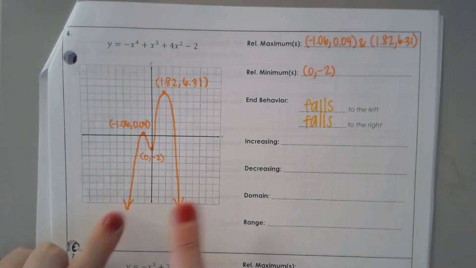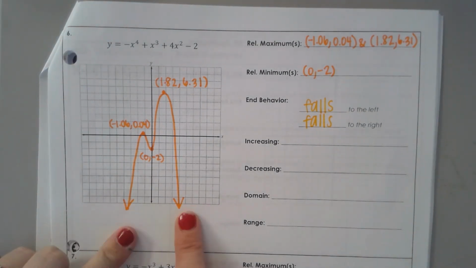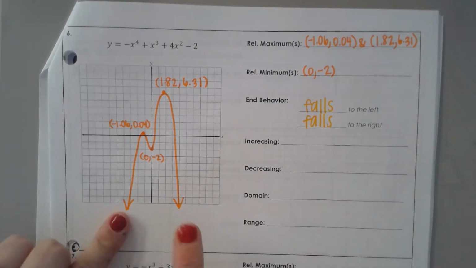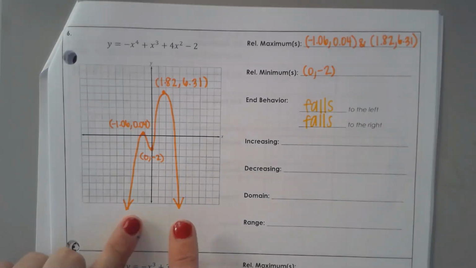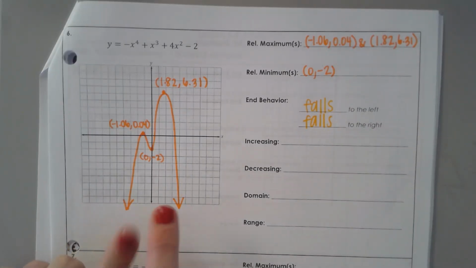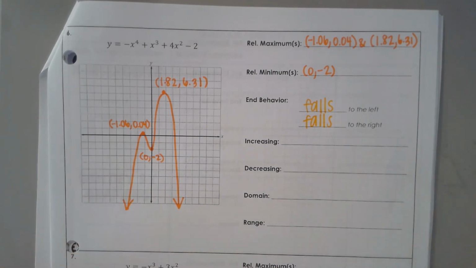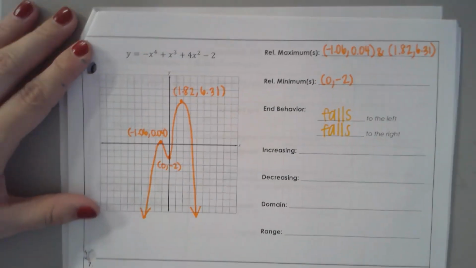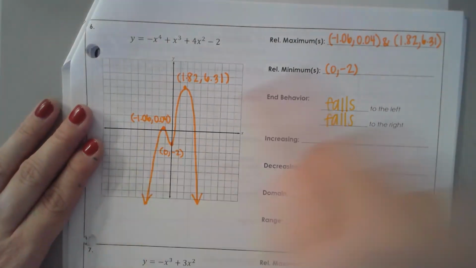So don't get confused with falls and rises and increasing and decreasing. They don't always correspond with each other. The end behavior is specifically talking about the direction the arrows are pointing. When you're doing increasing and decreasing, that's thinking about tracing it with your finger.